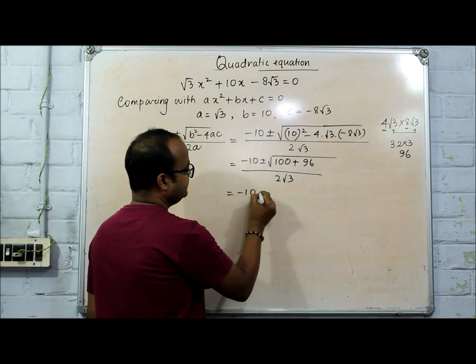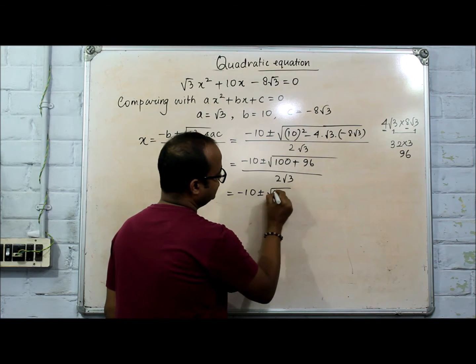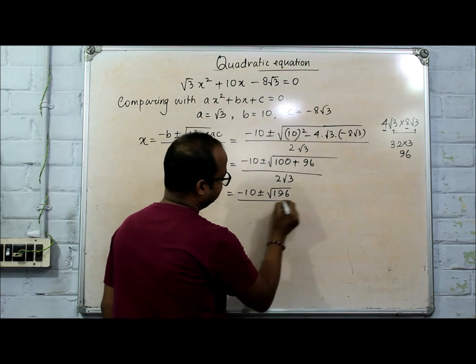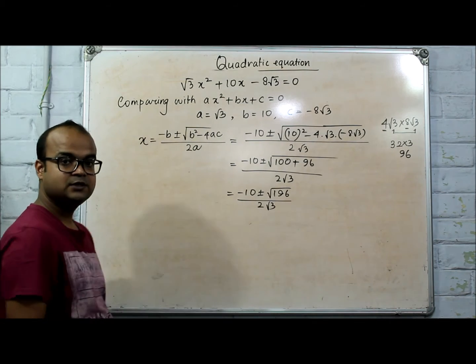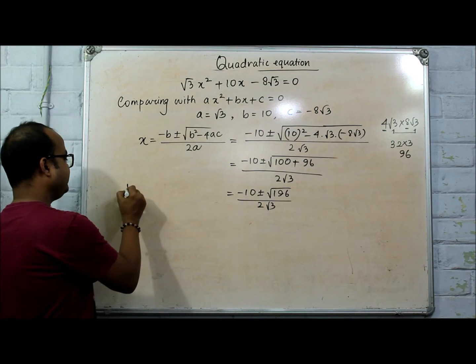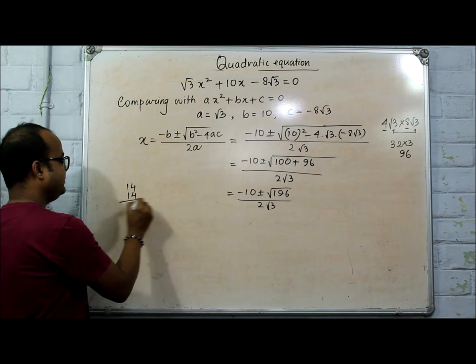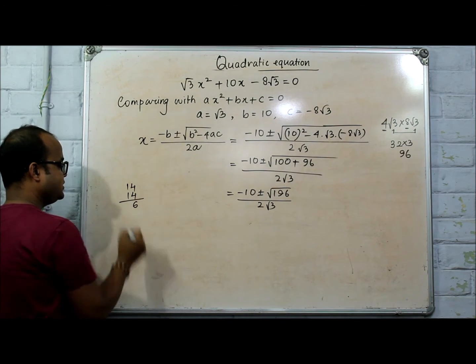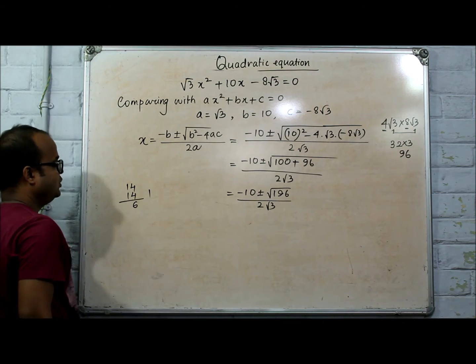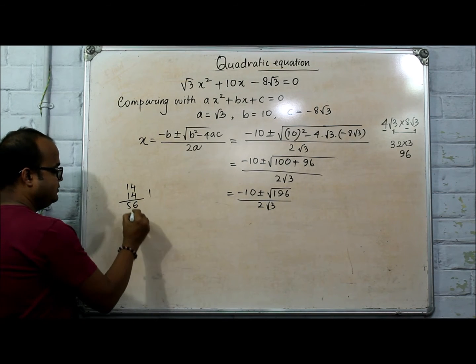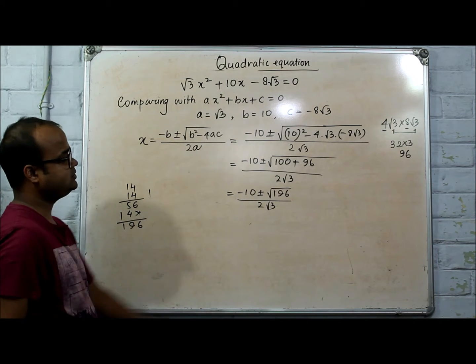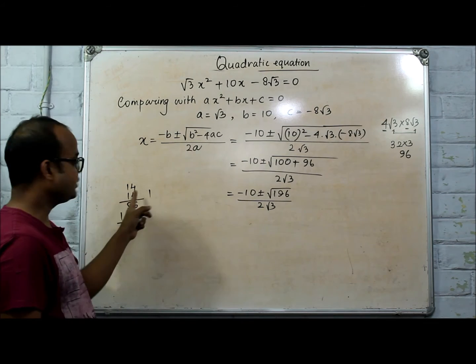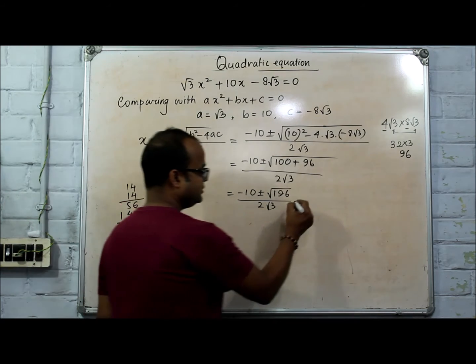So minus 10 plus minus square root of 196 by 2 root 3. 196 is a perfect square of 14. See, I am multiplying 14 times 14, 4 4s are 16, 1 4 is 4, 5, that is 196. So the square root of 196 is 14.